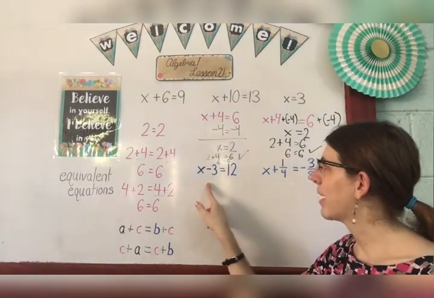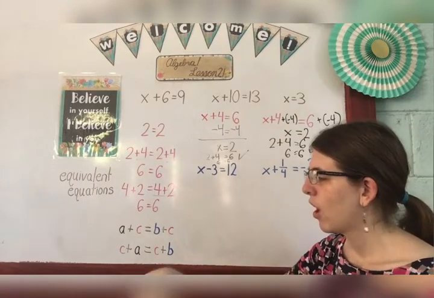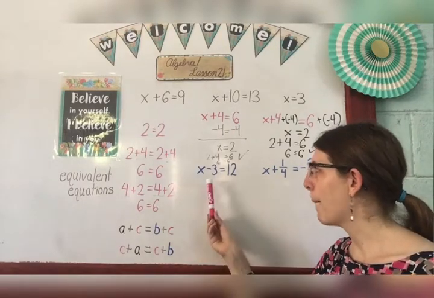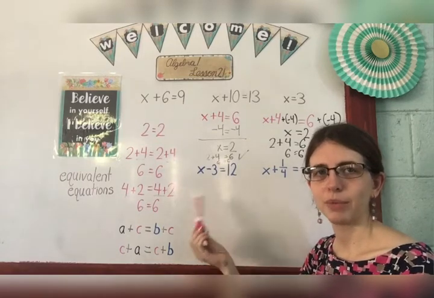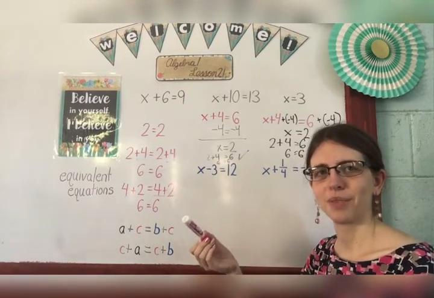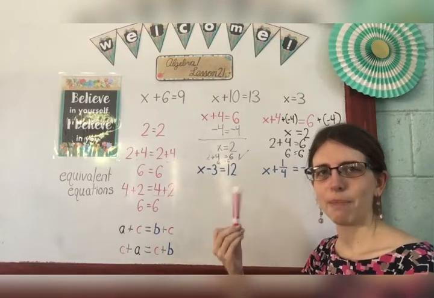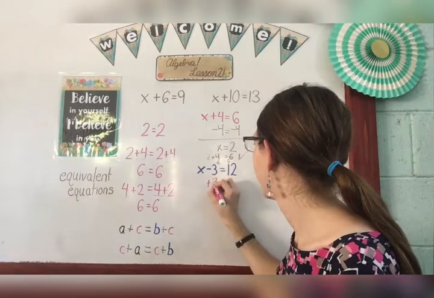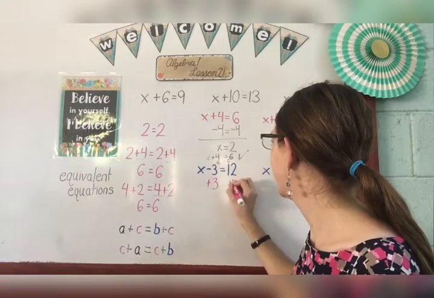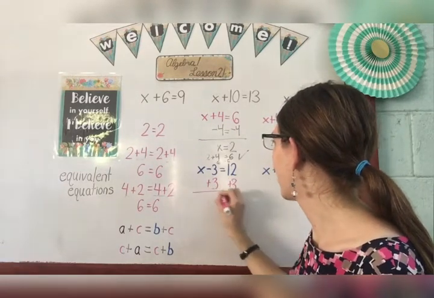Here I have x minus 3 equals 12. So I need to do the opposite of whatever I'm doing with x right now. Since I'm adding a negative 3, I'm subtracting 3, what does that mean I need to do? Add a positive 3. I'm going to keep doing it in the column way. So I have plus 3 on this side, plus 3 on this side.